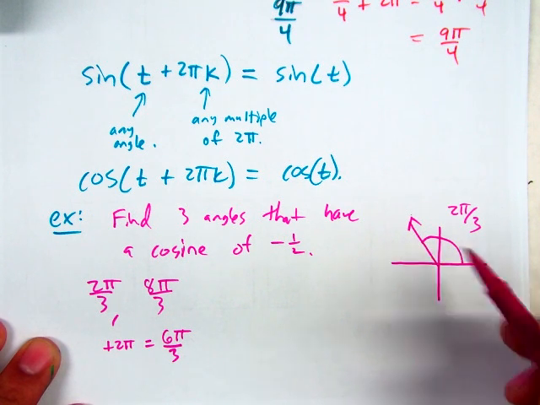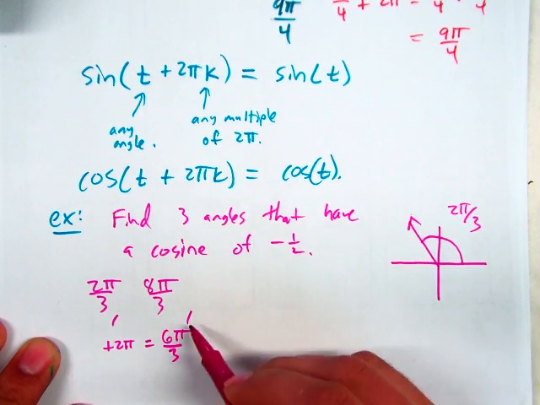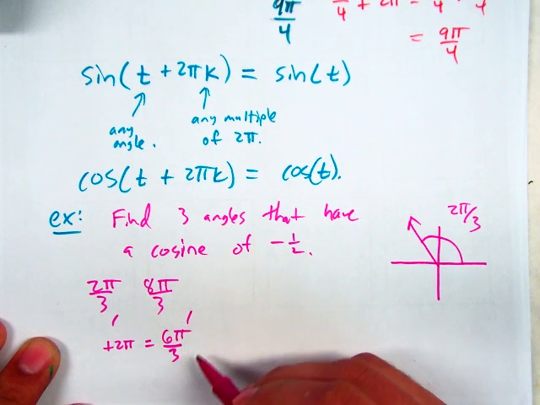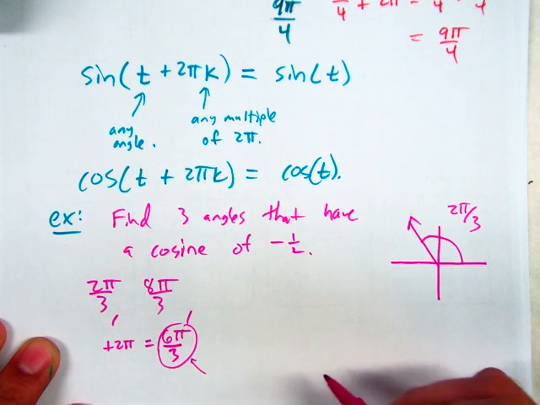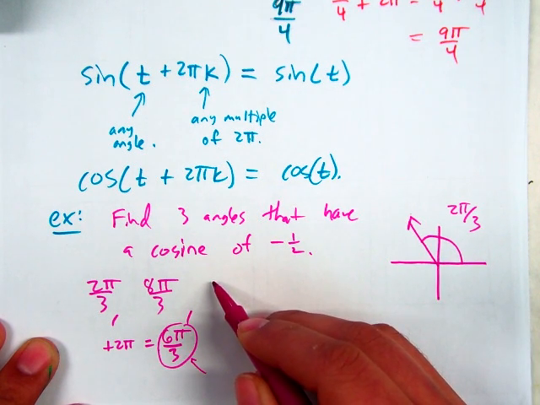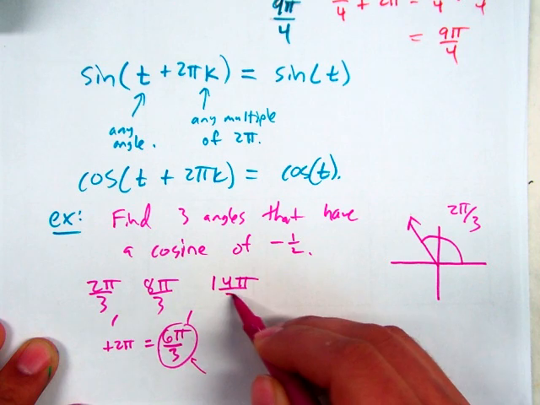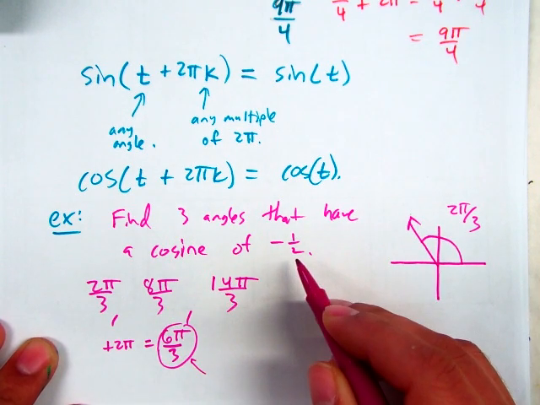And if I needed a third angle that has another cosine of negative 1/2, I could just keep adding 6 pi over 3. So what's the next one? 14 pi over 3. So all three of these angles would have the same cosine value.